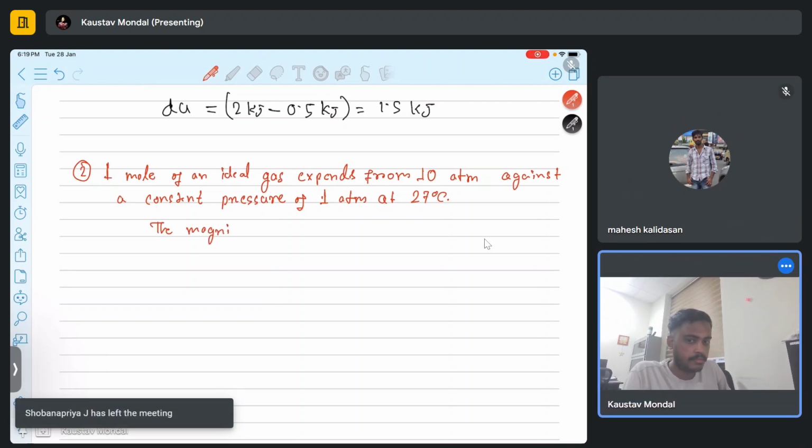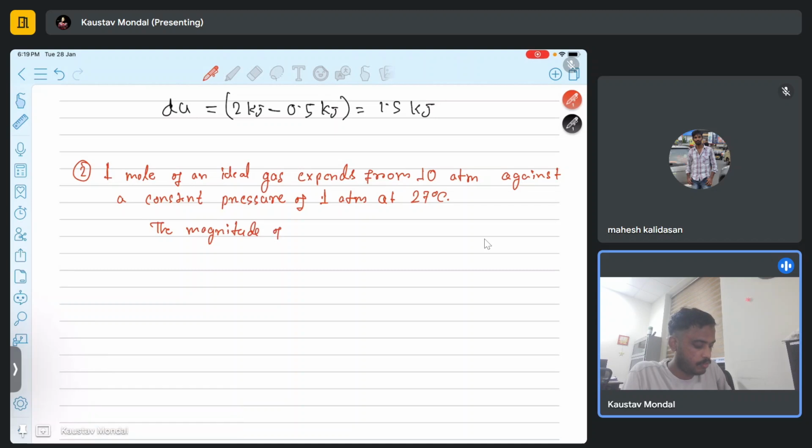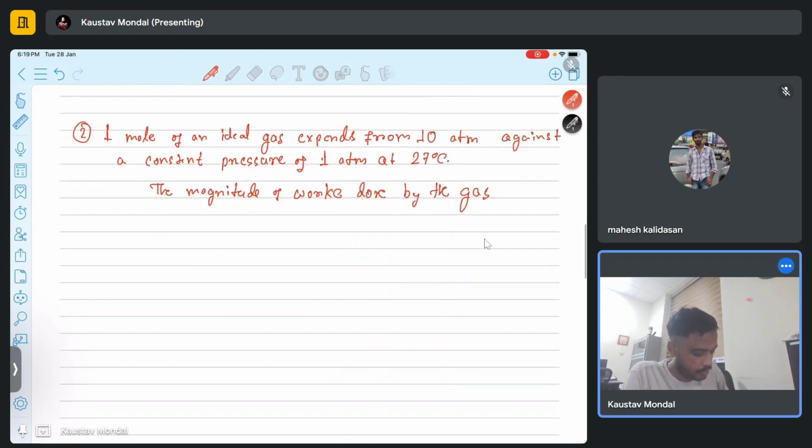magnitude of work done by the gas. And here the information is given: the value of R is 2 calorie Kelvin inverse mole inverse.